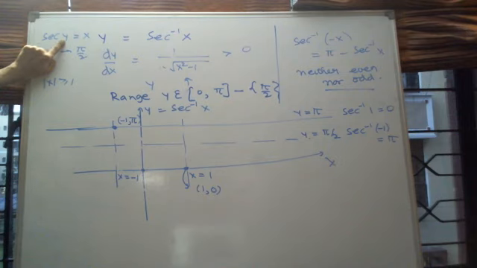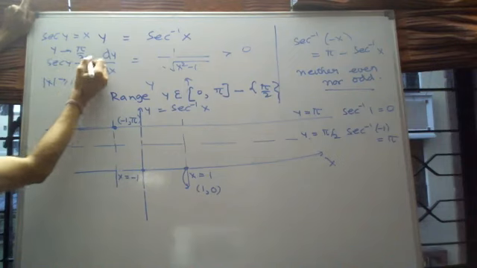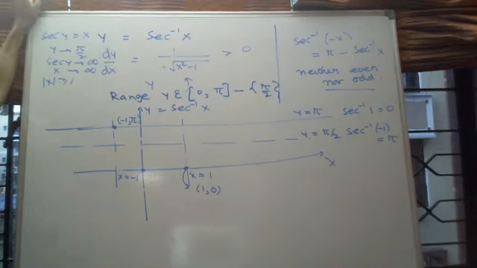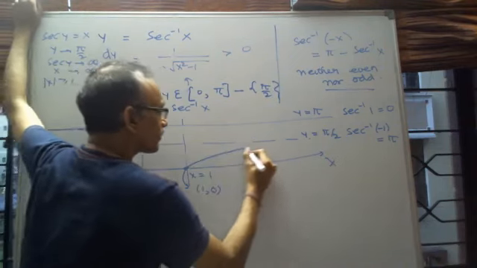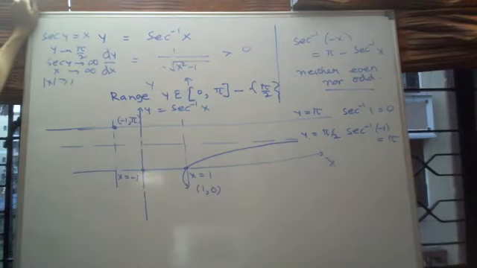Yes or no? Because 1 by cos y tends to 0. So x tends to plus infinity, right? As x tends to plus infinity, y tends to pi by 2.